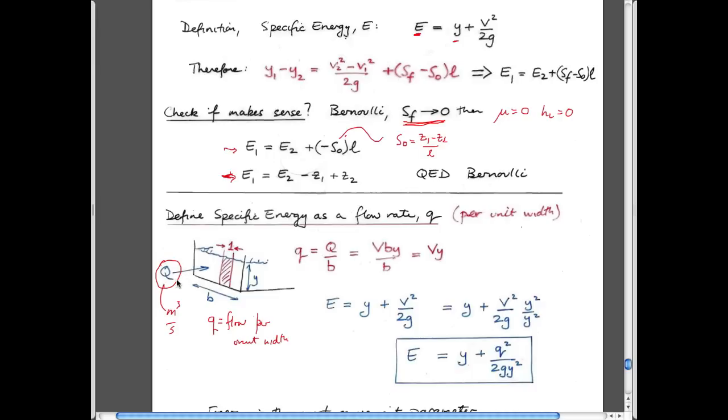It has to satisfy continuity. Volumetric flow rate upstream has to satisfy the volumetric flow rate downstream if we're not losing flow. And we can conveniently just divide it through by the width of the channel, and we get the flow per unit width of channel.